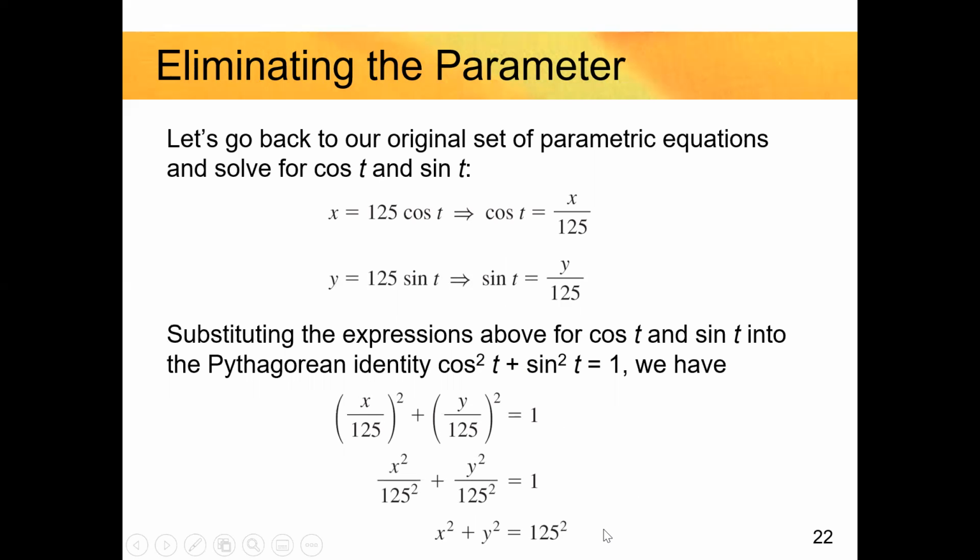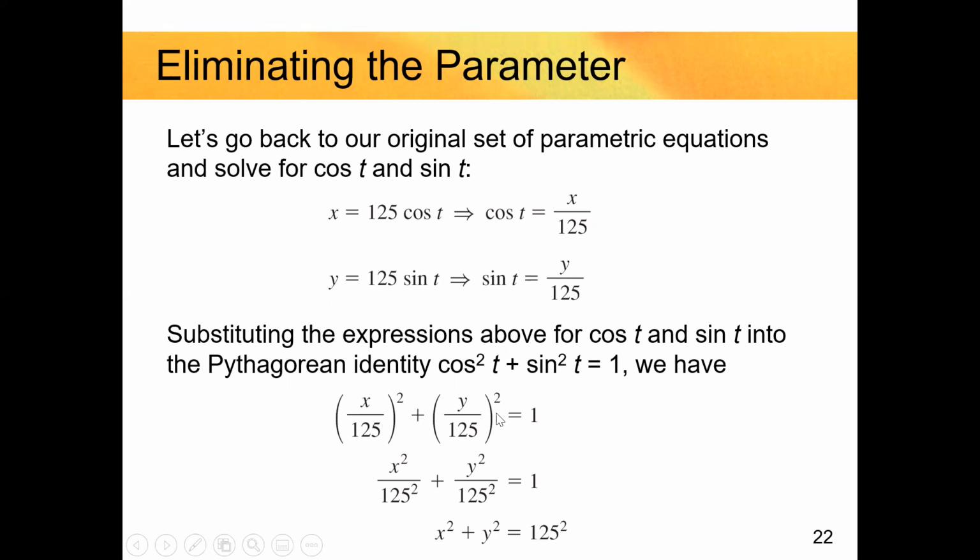We're good. Matthias, how did you get from x squared over those squared to x squared plus y squared? Good question. The exponent rule says if you have a fraction inside and you take an exponent, the exponent goes to each of the pieces, the numerator as well as the denominator. And so then you have 125 squared.